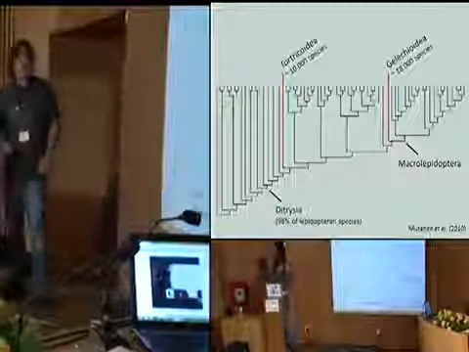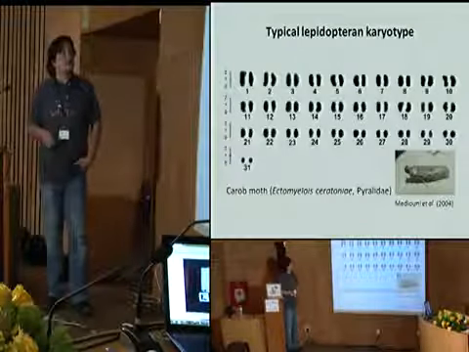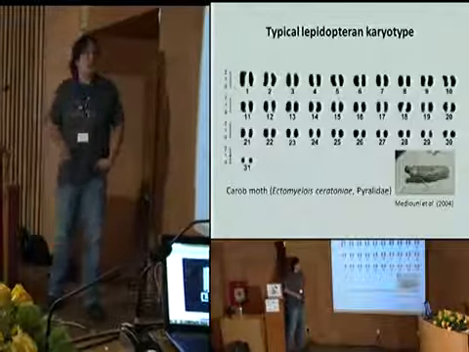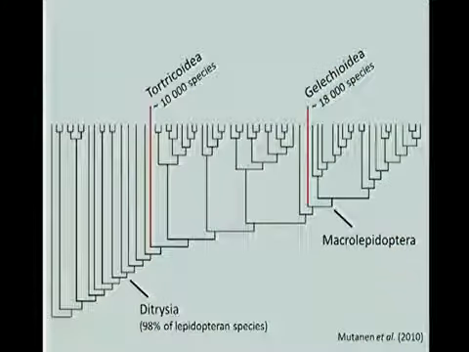First, I should give you a brief introduction into Lepidopteran cytogenetics. So here you can see that about 98% of all Lepidopteran species belong to the group called Ditrysia, and then around half or more than half of all species of moths and butterflies belong to the group Macrolepidoptera.